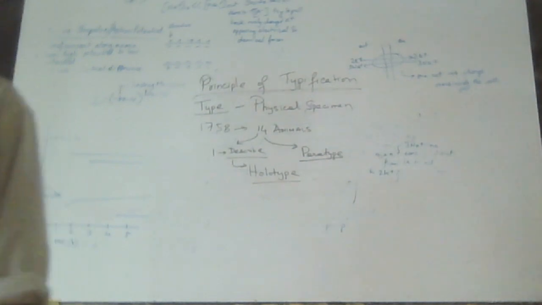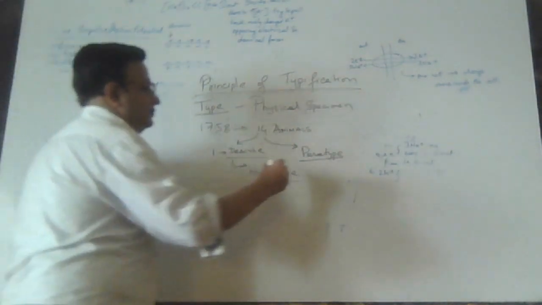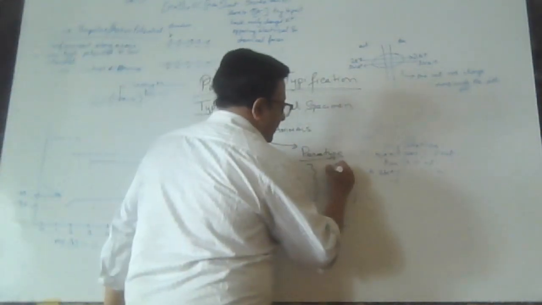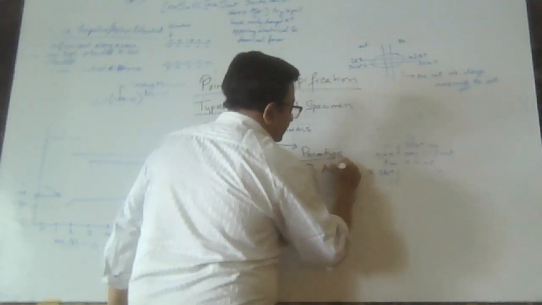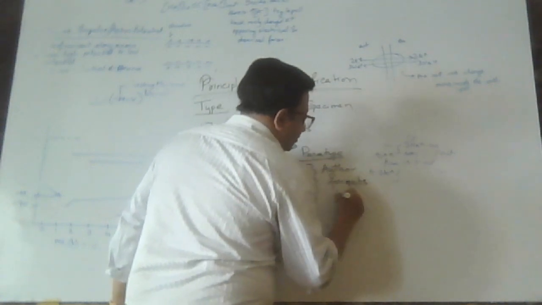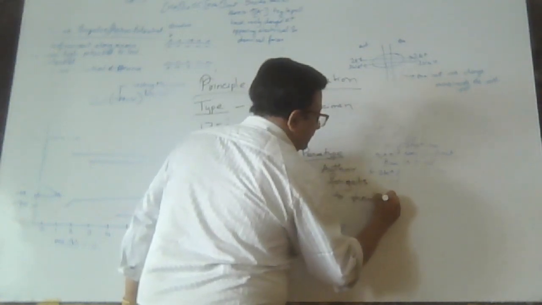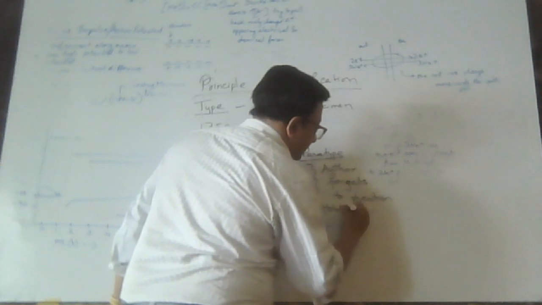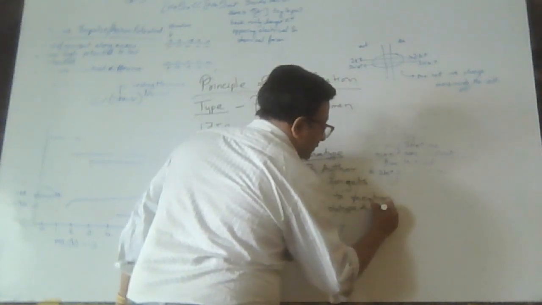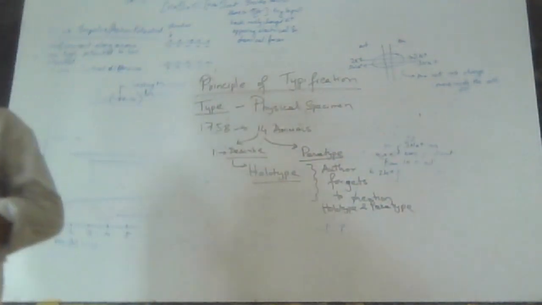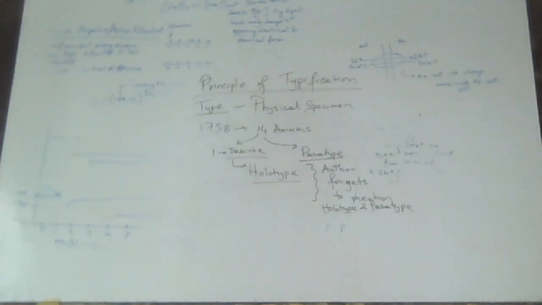Now, for example, say the author forgets to mention the holotype and paratype. He has not written which is the holotype and which is the paratype.